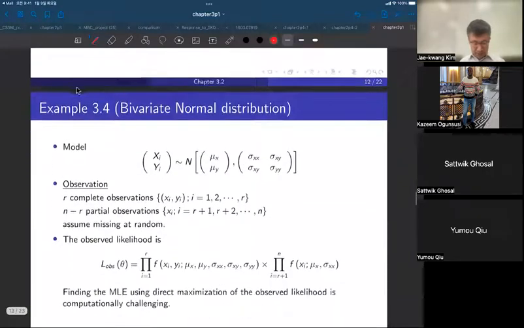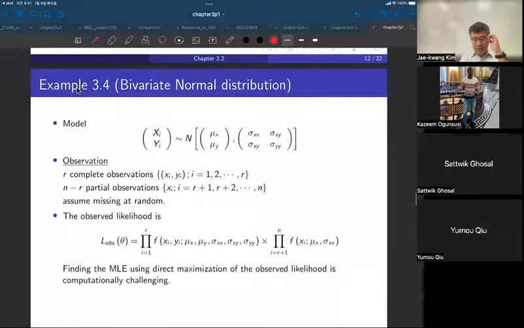This example is quite related to example 2.7 that we had last class. Basically you have x and y.